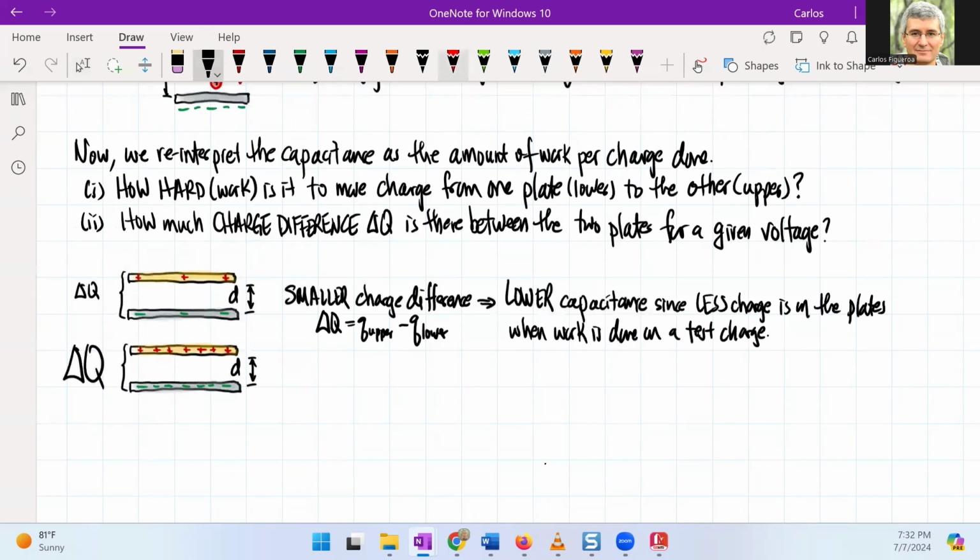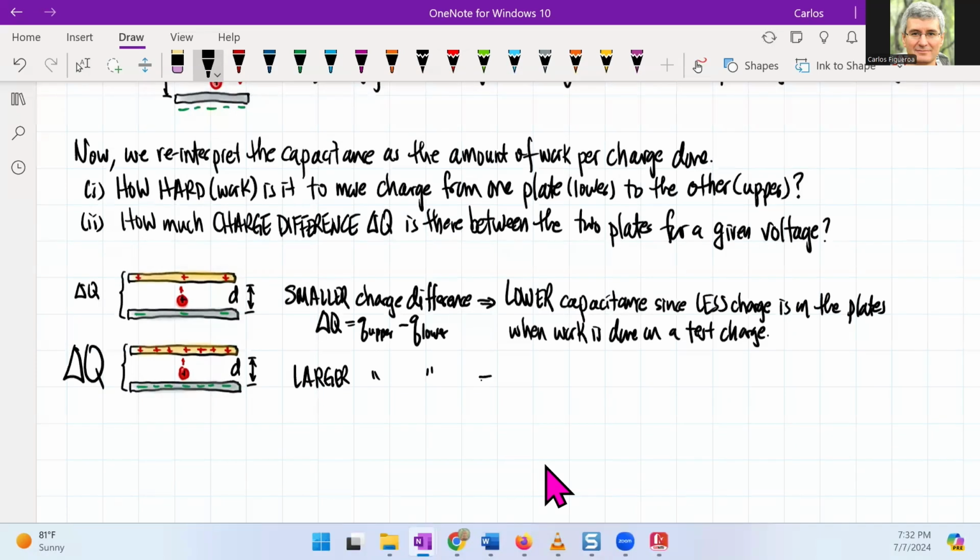So in other words, if I have a test charge here, and if I have a test charge here, what we know about the test charge is that now we're going to be moving it up in this field because it has less charge. It takes less work to move it here. Here, this is a larger charge difference.